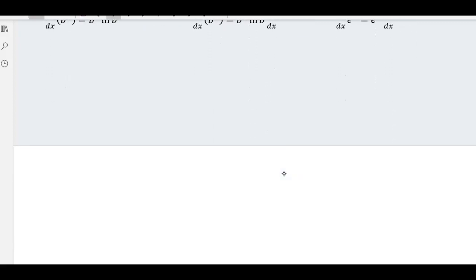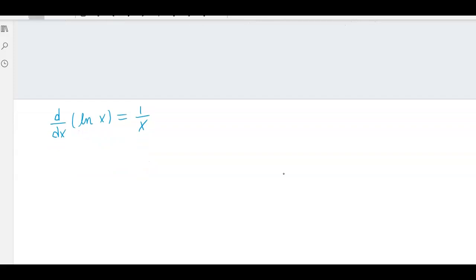So the first one that we're going to be looking at is to show that the derivative of the function natural log of x is equal to 1 over x. So we're starting with y equals natural log of x.